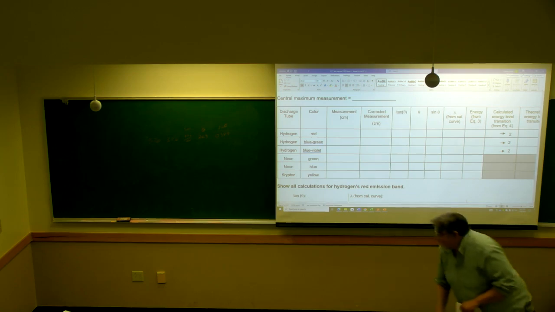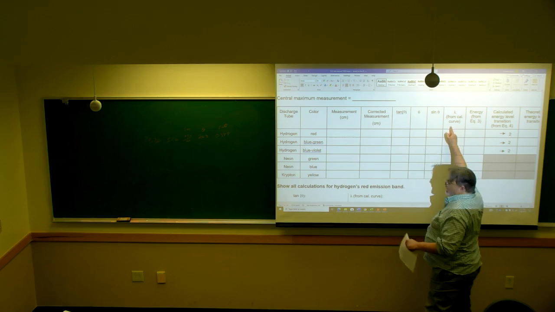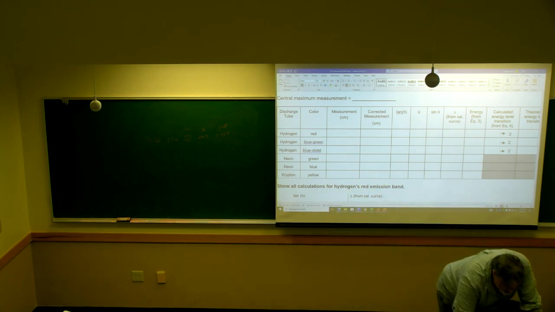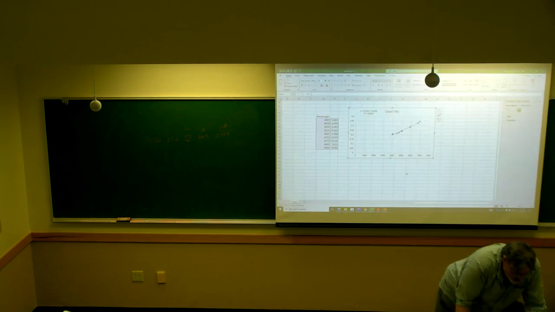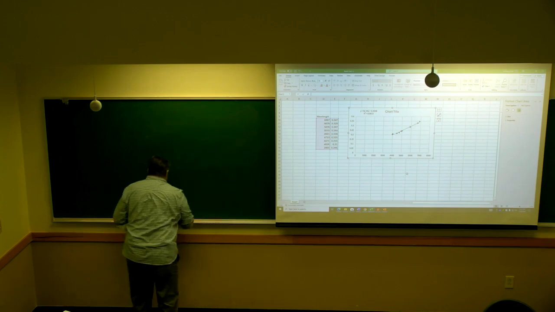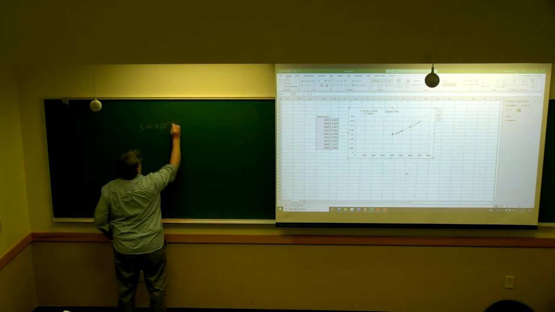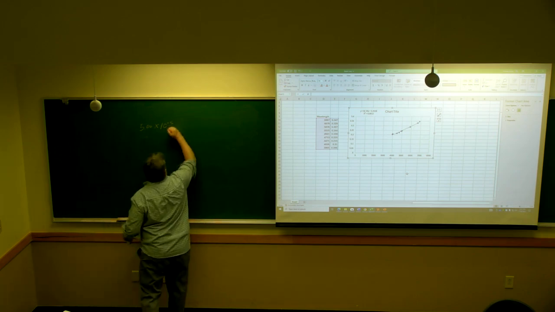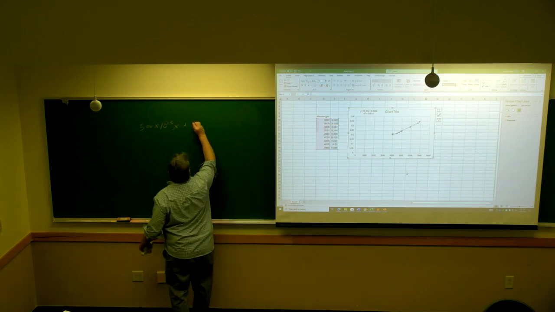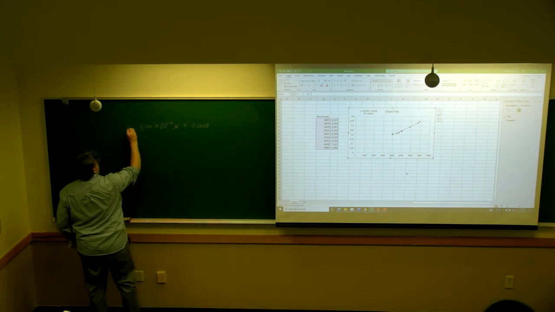So again, you've got your measurement, tan of the angle, the sine of the angle, and then this you're going to get from, so for his curve, let me write it down. 5 times 10 to the negative 5 X plus 0.0038. That equals the wavelength.